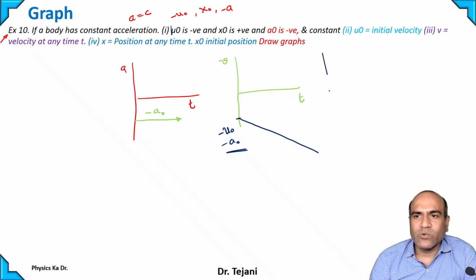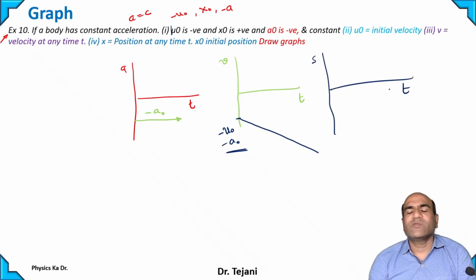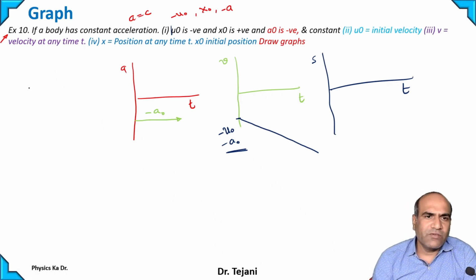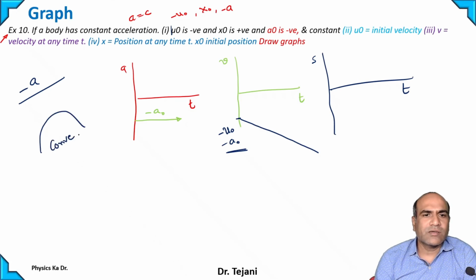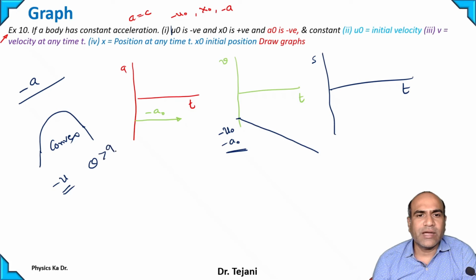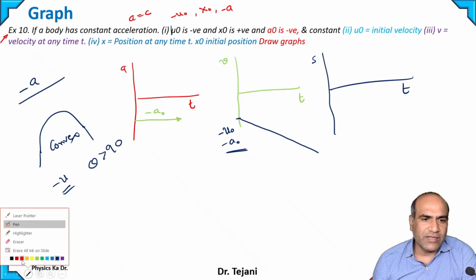Then we need to go with another graph, the s versus t graph. You need to identify two things. One is that for negative acceleration the graph is convex, like that. And second, if minus u is given, that means theta should be greater than 90 degrees.